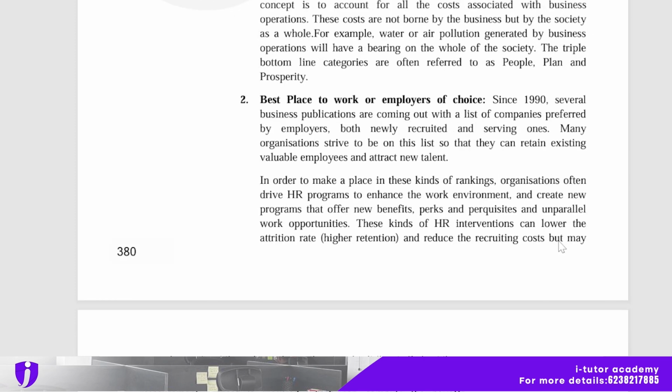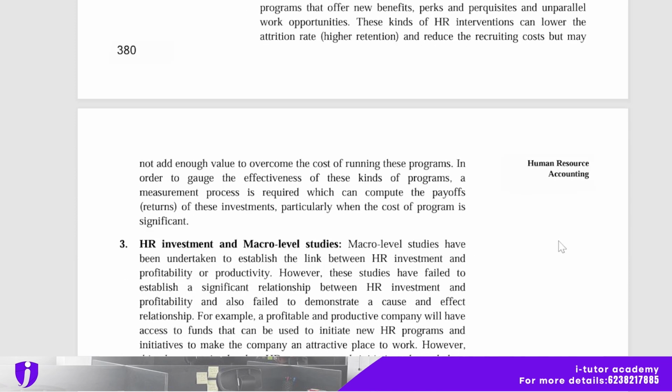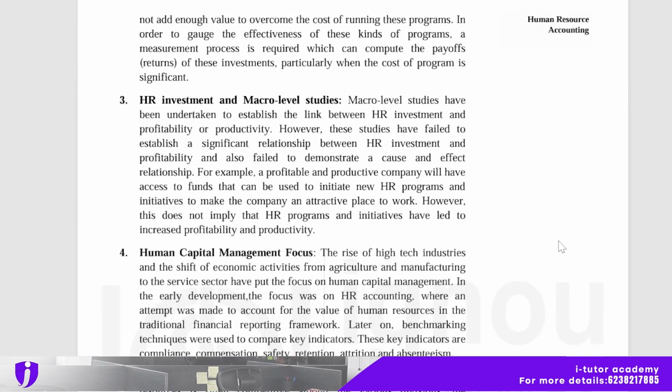And the best place to work or employers of choice: since 1990, several business publications have been coming out with a list of companies preferred by employees, both newly recruited and serving ones. Many organizations strive to be on this list so that they can retain existing valuable employees and attract new talent. And HR investment and macro level studies.